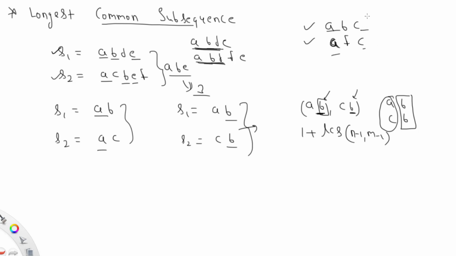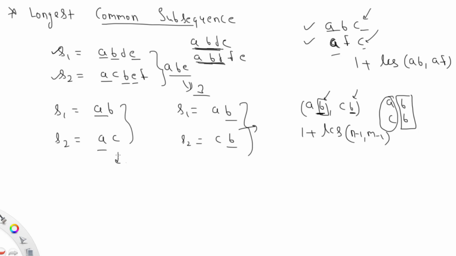So I will start from the last character and check if the last characters of both strings are matching. Then it means 1 plus, check for the remaining, which means AB and AF. Then again it will check further that if the last character is matching, then do 1 plus this. But if the last character is not matching, then what will you do?